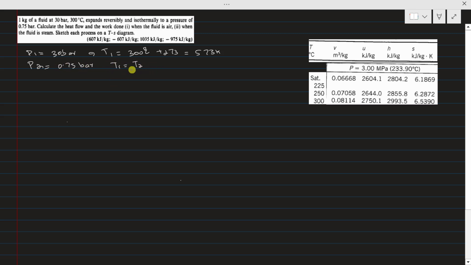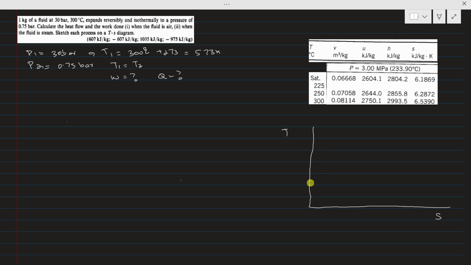Okay, so the temperature T1 is equal to T2 because expansion is taking place isothermally. We need to find the heat flow, the work done and the heat flow that is supplied, and also draw its process on a TS diagram. Let's see, this is the TS diagram. Remember that we are now solving for steam. So if there is steam, it means there is a dome curve shape. This is the high pressure line.